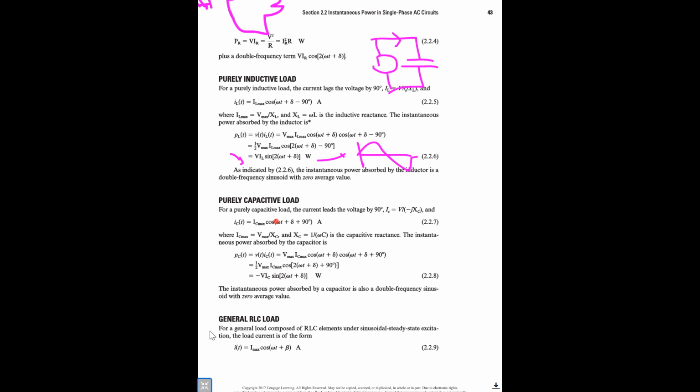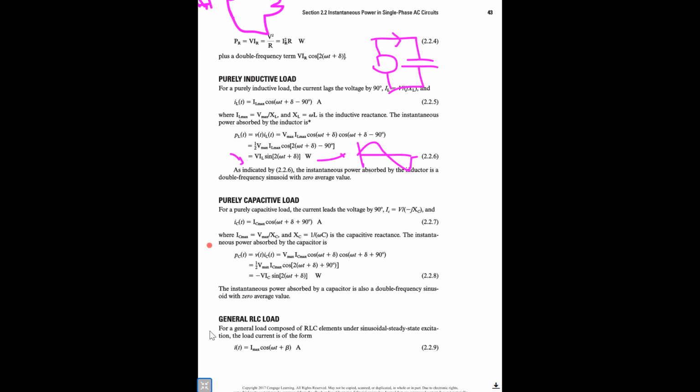Please see, we know the current in the capacitor leads the voltage, and the leading angle in a pure capacitive load is 90. In an inductive load it is lagging by 90. This is leading by 90 degrees. Okay.